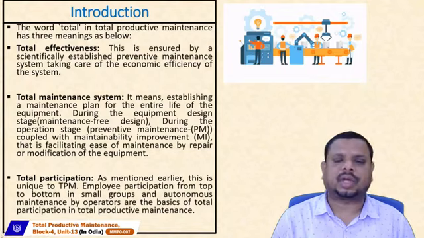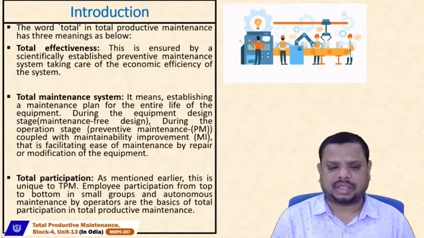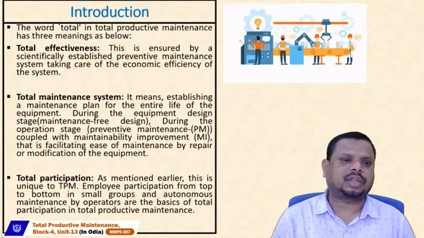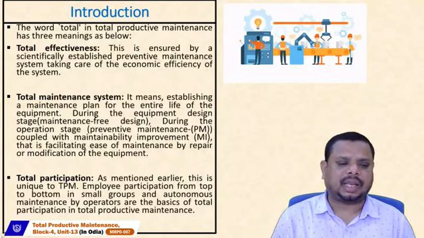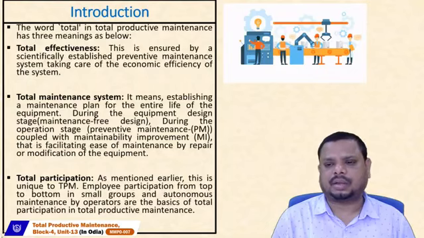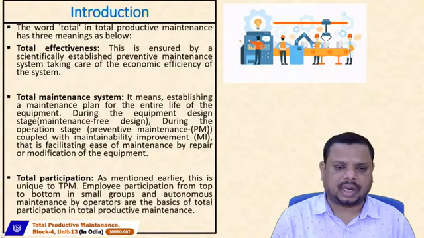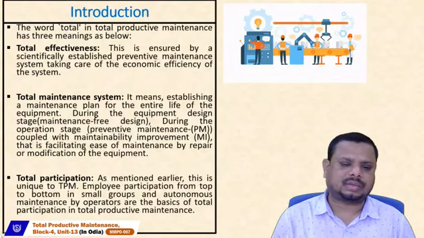The next one is known as total participation. In total participation, as far as the maintenance departments are concerned, small groups are formed, and they provide continuous maintenance activities throughout the system, throughout the plant, throughout the organization.